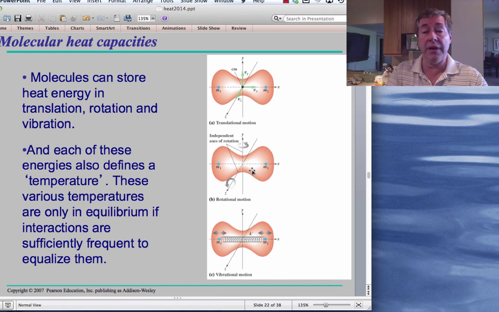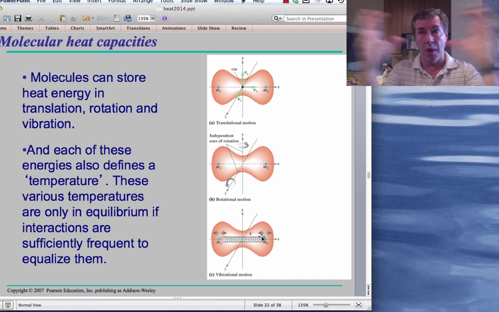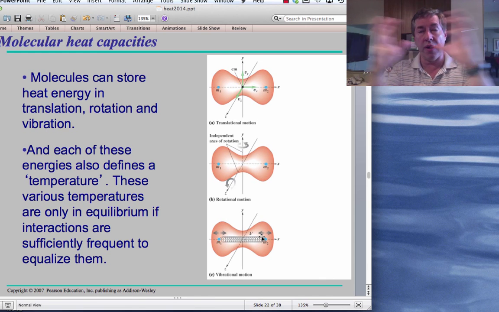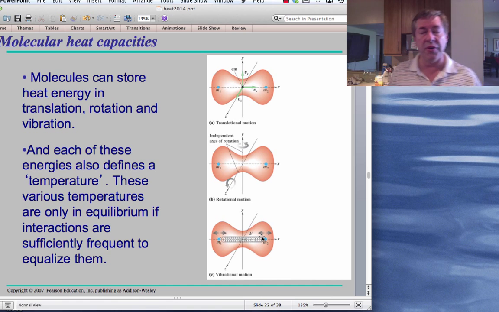If there were very, very high temperatures involved, there's even an additional kind of motion which a diatomic molecule can have. It can vibrate, oscillate, like on a spring. That requires very high temperatures to happen, and so it's not happening in this room very much.